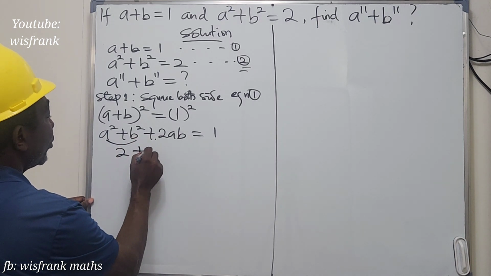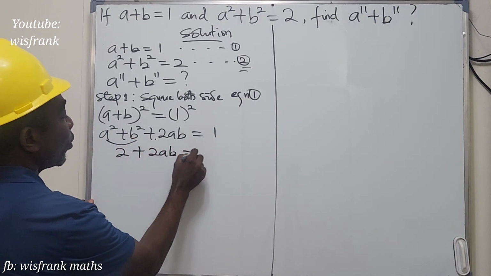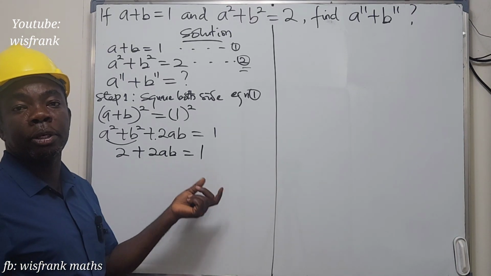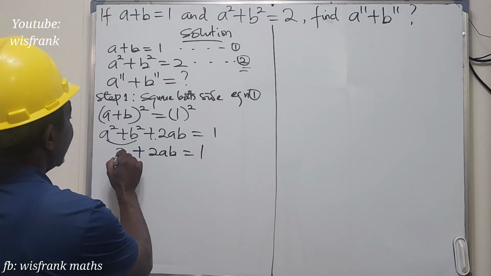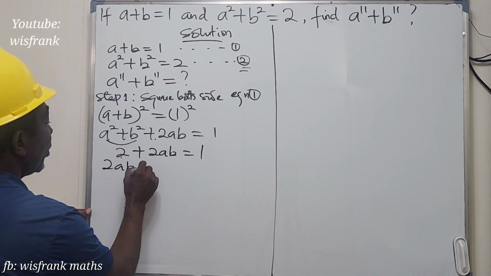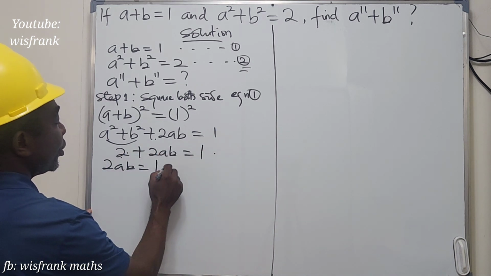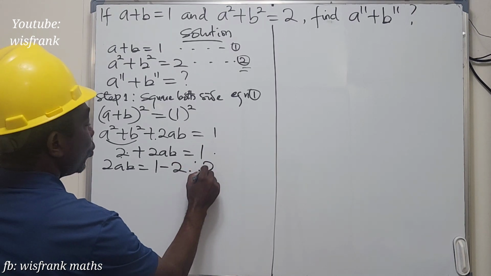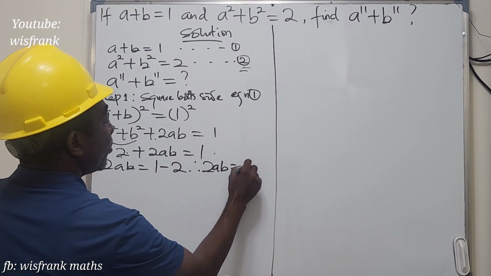Then we bring down plus 2ab equals 1. We can make 2ab the subject of this expression by transferring the 2 to the other side. So this will become 2ab equals 1 minus 2. Therefore, 2ab equals minus 1.